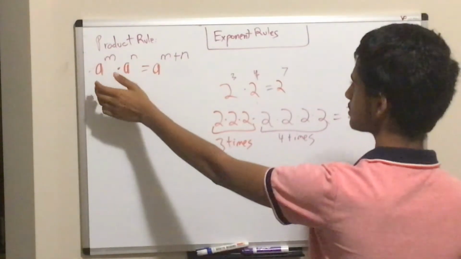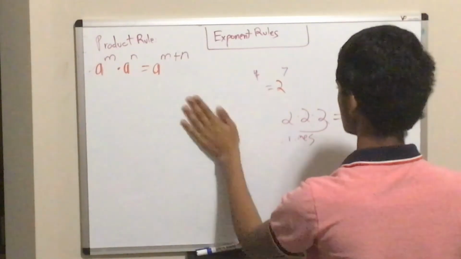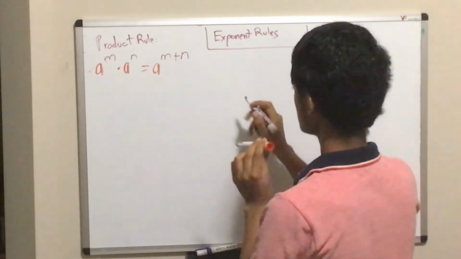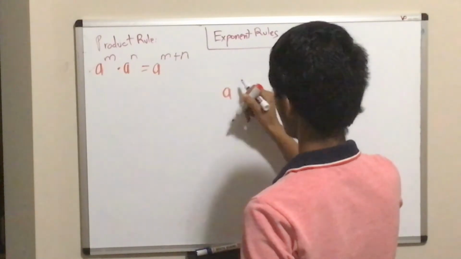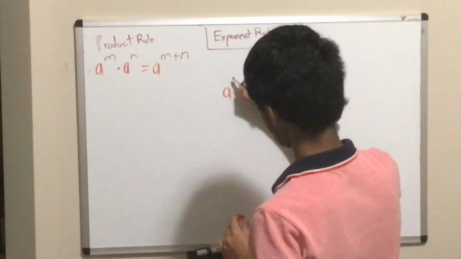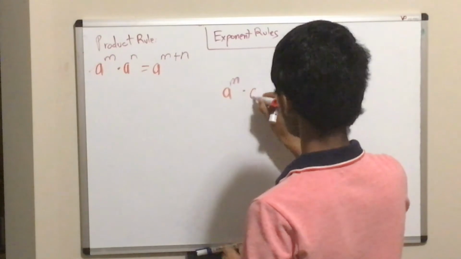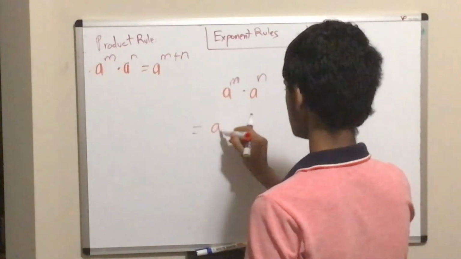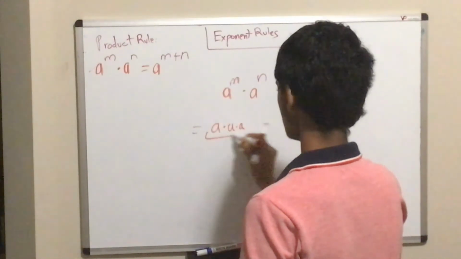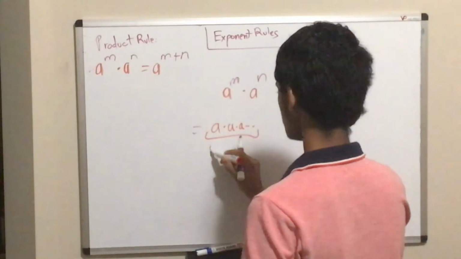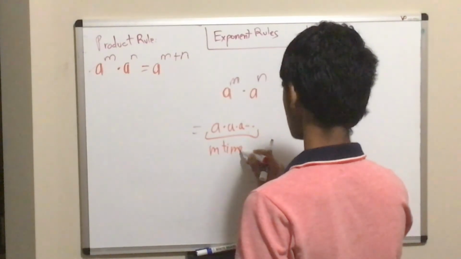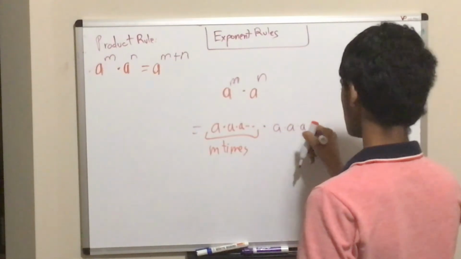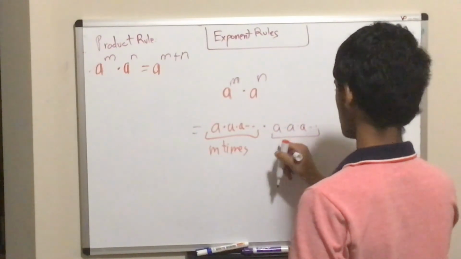So now let's try evaluating this in terms of a's, m's and n's. What we're going to do here is rewrite this expression, write it out and simplify it. a to the power of m times a to the power of n is the same thing as a times a times a dot dot dot, and that's going to happen m times, and we're going to multiply that by a times a times a dot dot dot n times.